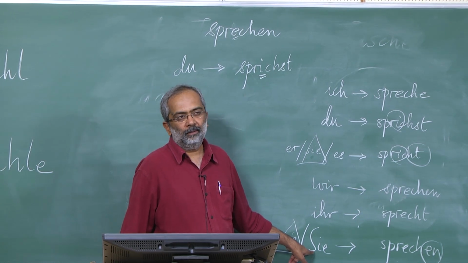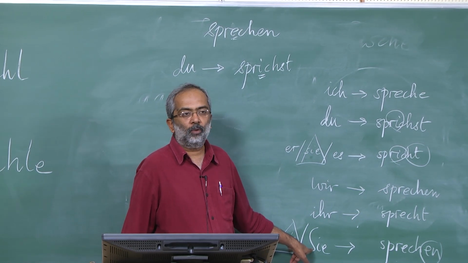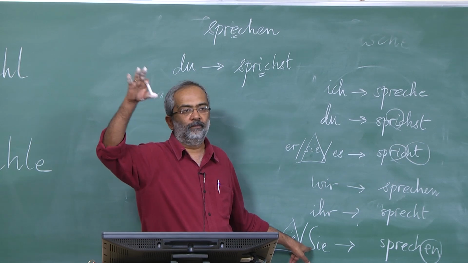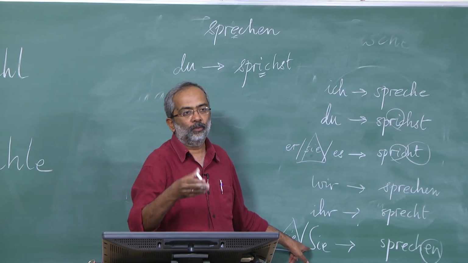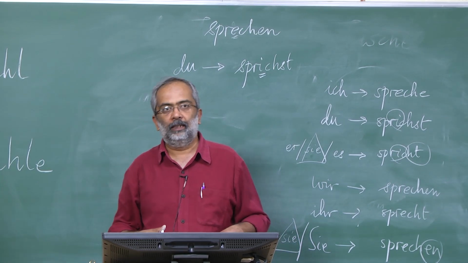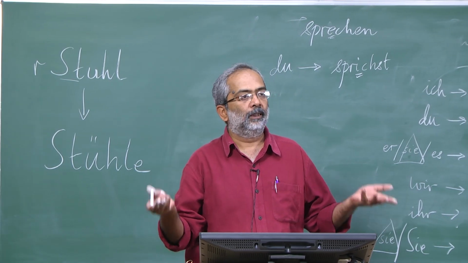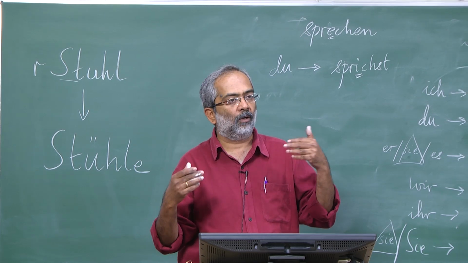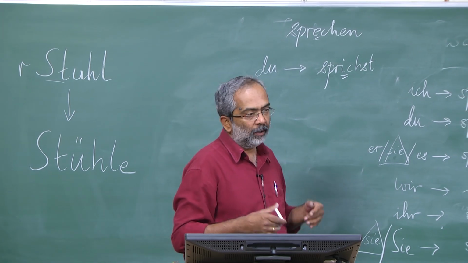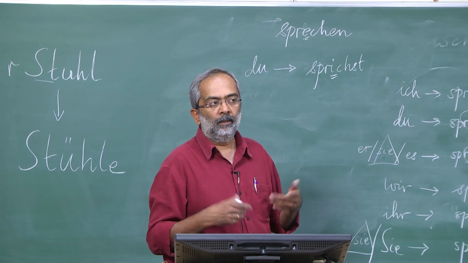Normally these words are not going to float in isolation somewhere and you decide it's they or you. They will be part of a sentence. The sentence will be part of a paragraph. The paragraph will be part of a text. So there's always a context. From the context, it becomes very clear what it is.